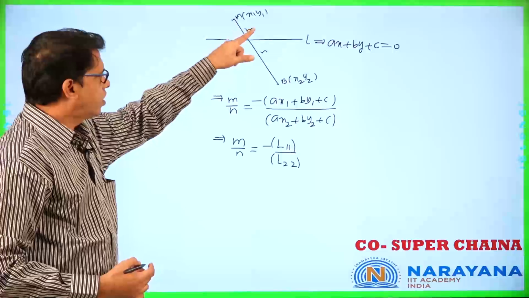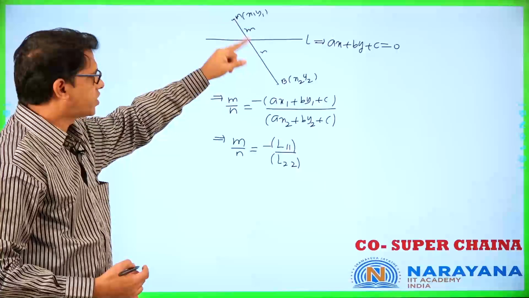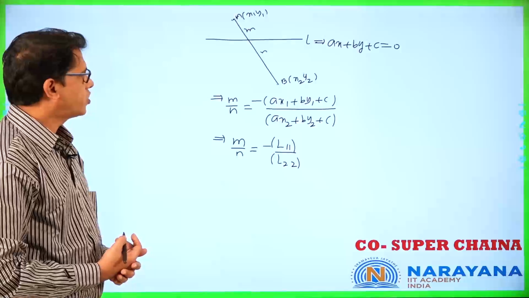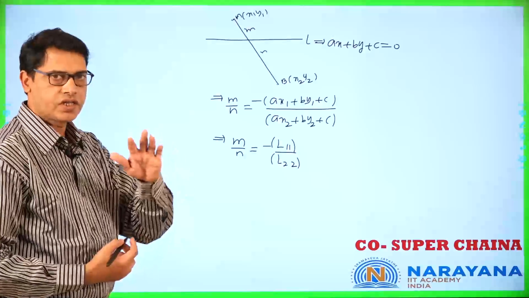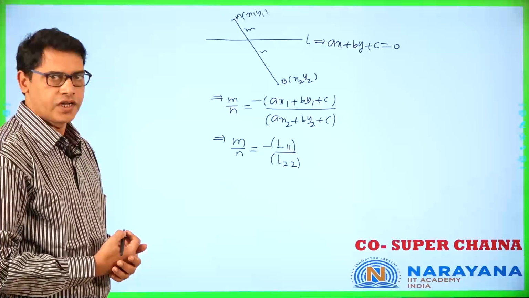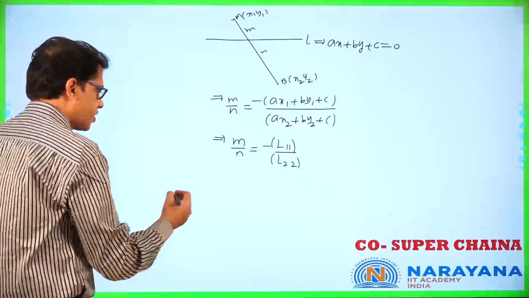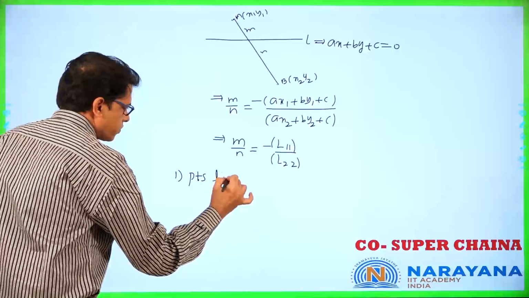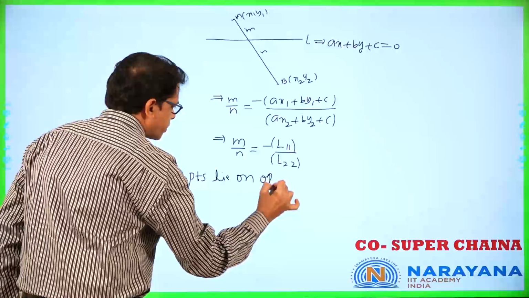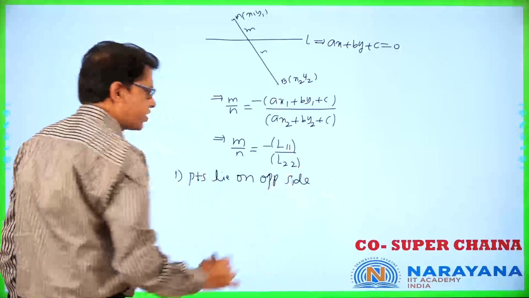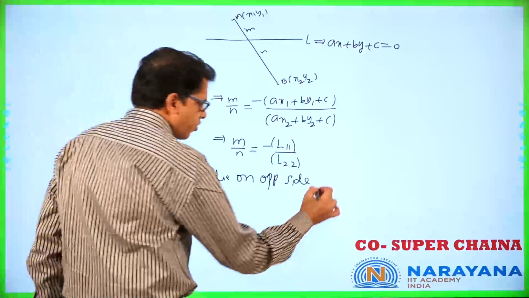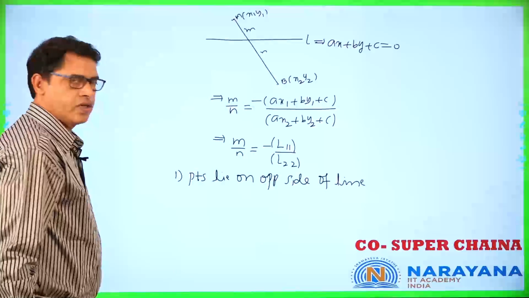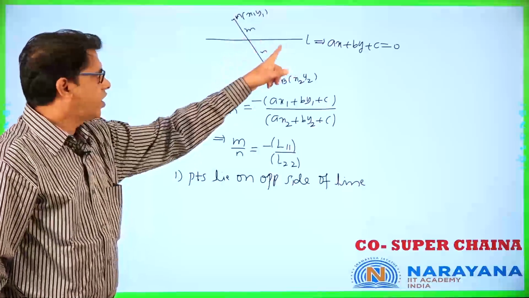Here the points lie on the opposite side. Points lie on the opposite side means it is nothing but internal division. So internal division means first, the points lie on opposite sides of the line, like this.